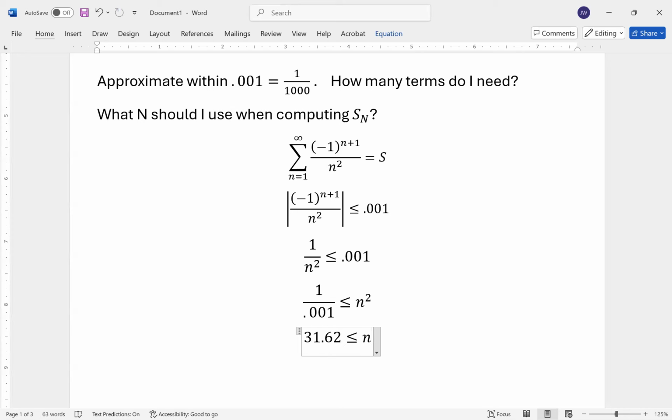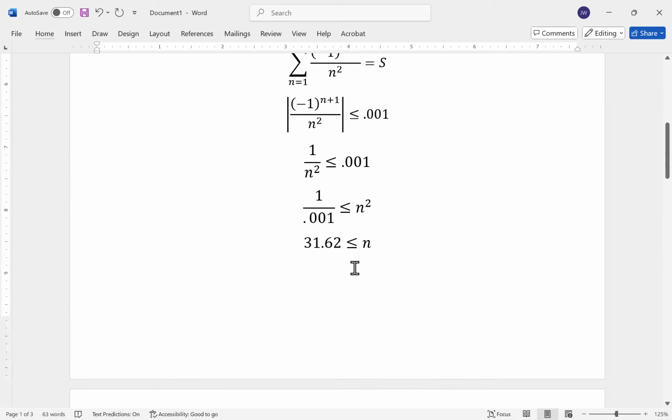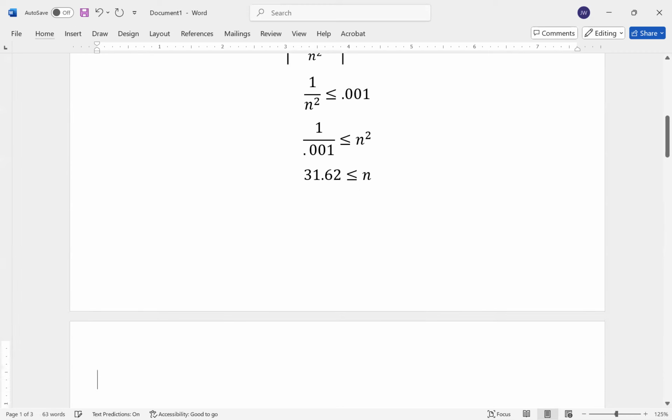So that means I need to go out 31 terms. I need to use basically S sub 31, and then the 32nd term will be smaller than 0.001. Let's check that out. Let's confirm that.